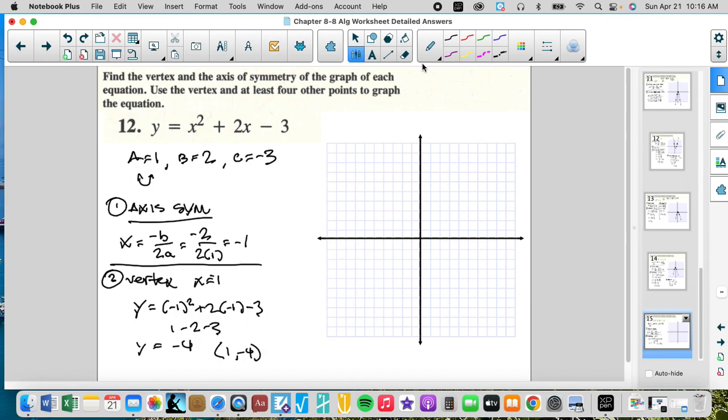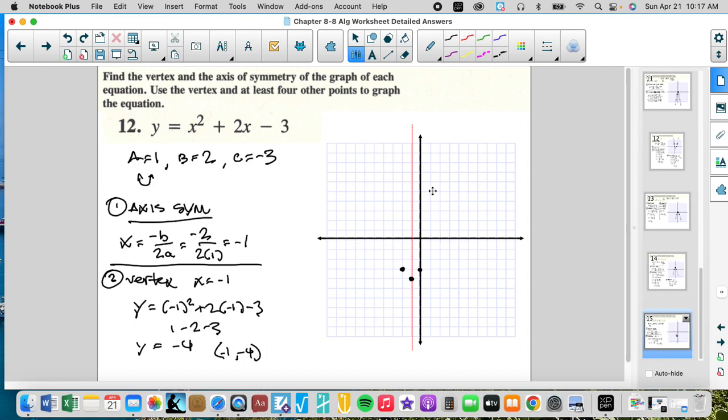My axis of symmetry is negative 1. So let's draw that axis of symmetry. Let's do the point. Getting sloppy again. Negative 1, negative 4. 1, 2, 3, 4. Good. My y-intercept is -3, which is 1 away, so I will do 1 away.